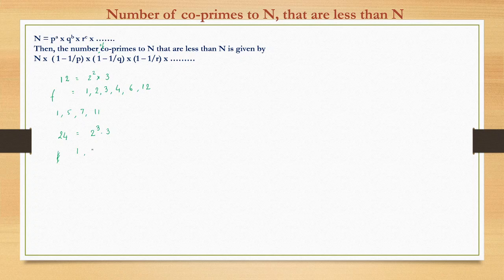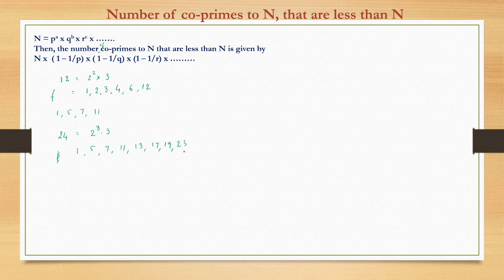Then 2, no. 3, no. 4, no. 5 will be co-prime to 24. 6 will not be co-prime. 7 will be co-prime. Then 8 will not be co-prime. 9 will not be co-prime. 10 will not be co-prime. 11 would be co-prime. Then 12 would not be co-prime. 13 being a prime number would be co-prime. 15 also not. 16 not. 17, then 19, then 23.